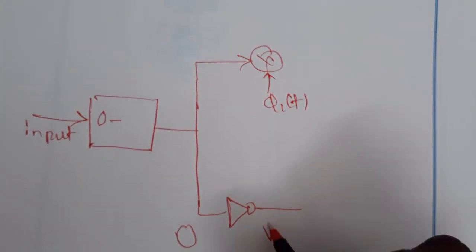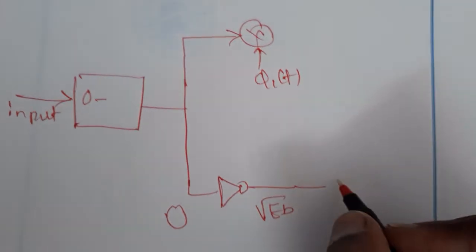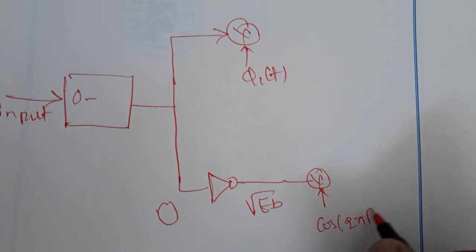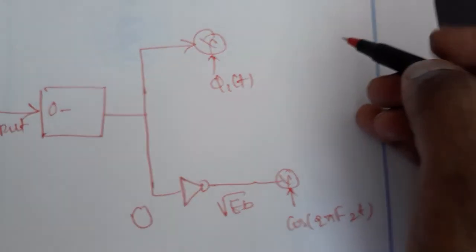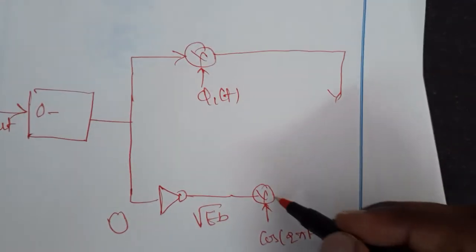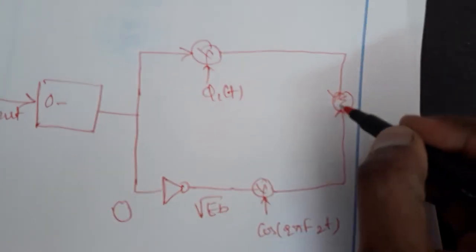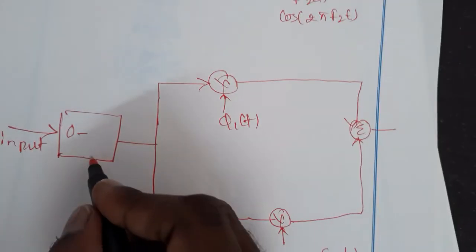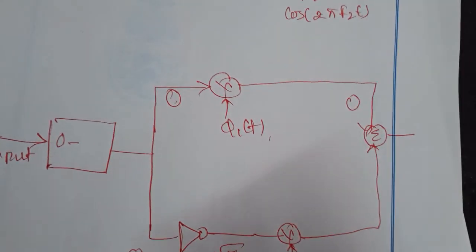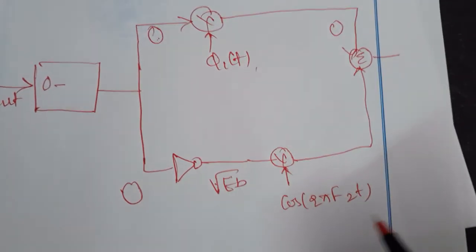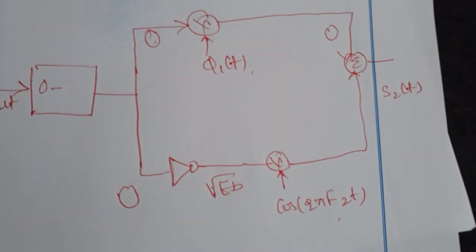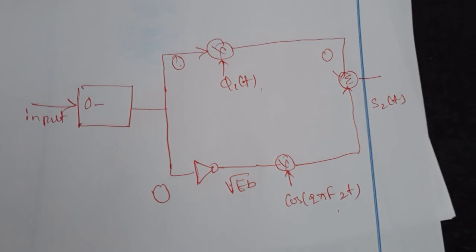So output is root EB multiplied with cos 2 pi f2t, and I will take the output of this and the output of this. I am going to add. So input is 0, 0. 0 into this is 0. Root EB into this value is S2 of t. Hope all of you can understand.